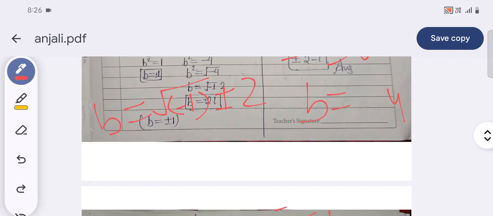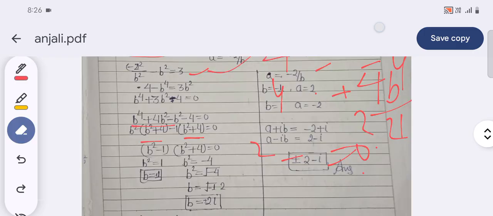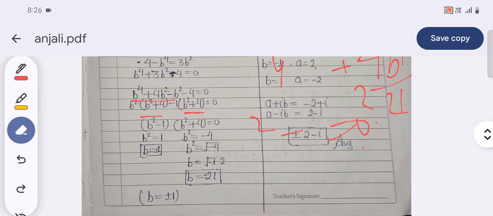It is iota. So b is equal to plus minus 2 iota. But this is an imaginary number, and in the first value b is equal to plus minus 1. So we will use the real number.